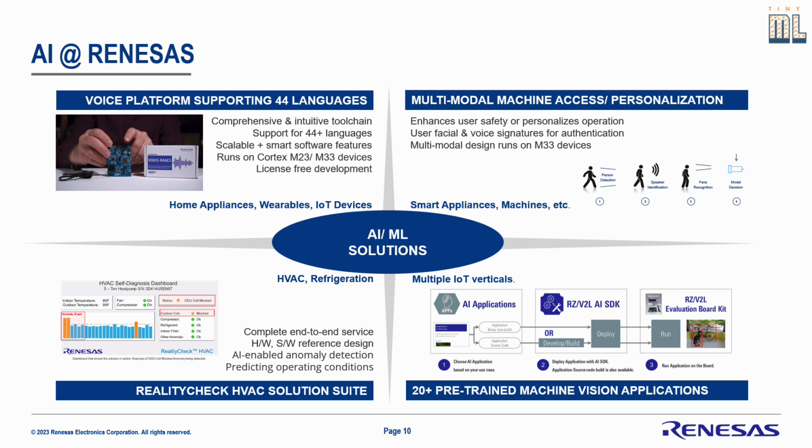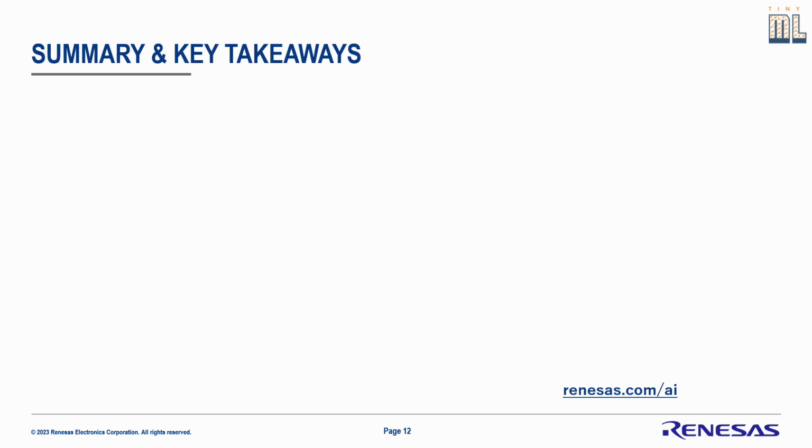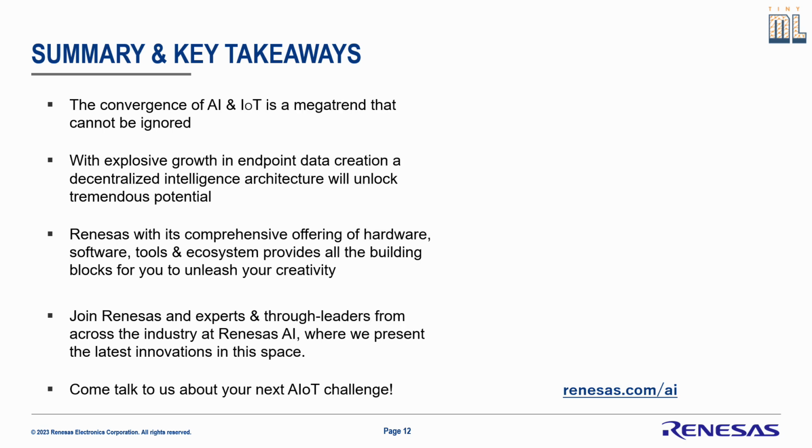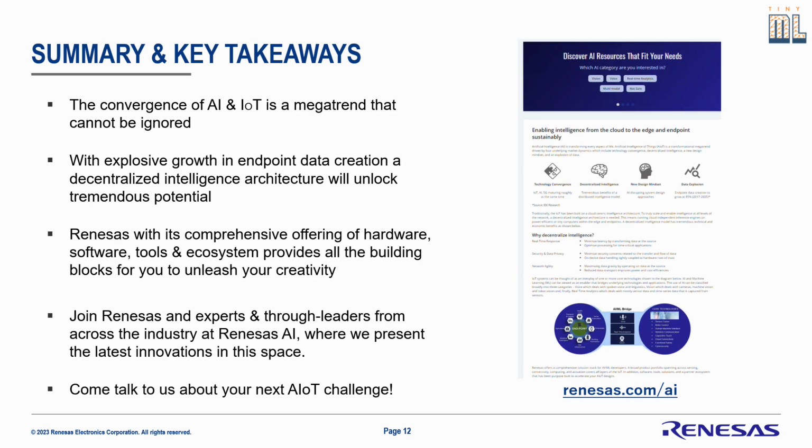So in order to summarize and give some key takeaways out of this operation, the first thing to mention is that definitely the convergence of AI and IoT is a megatrend and cannot be ignored. And there is where, at least from our side and the part of the edge AI implementation, or the tinyML implementation, where we're focused as Renesas.